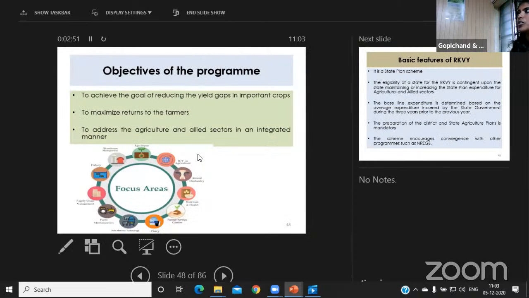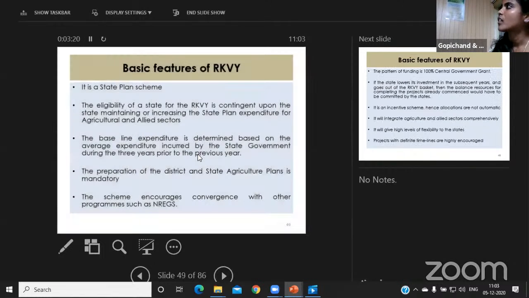Other objectives include to achieve the goal of reducing the yield gaps in the important agricultural crops, including cereals, pulses, and also the horticultural crops, to maximize the returns to the farmers, and to address the agriculture and allied sector in an integrated manner. After introducing Raftar, they focused on warehouses, agriculture inputs, ICTs, animal husbandry, nutritional sector, farm services, farm mechanization, dairy, supply chain management, etc.